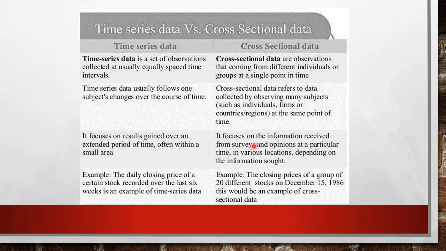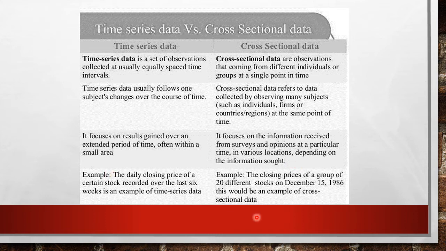Cross-sectional data focuses on information received for services and opinion at a particular time in various locations, depending on the information sought. Here we can have more areas and also the variation inside those areas at the same point of time.